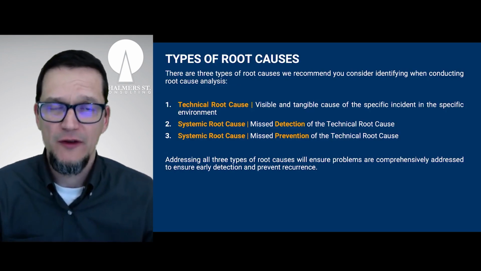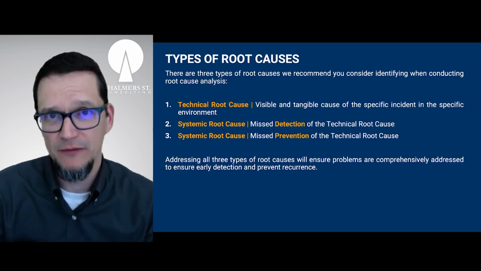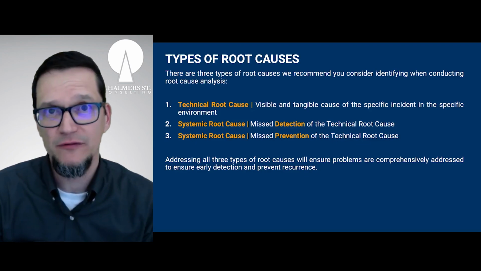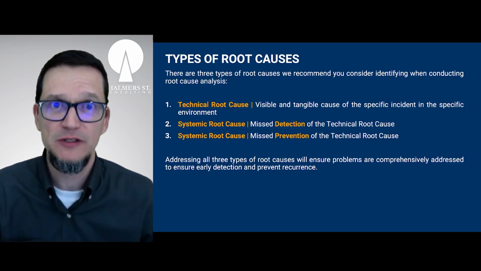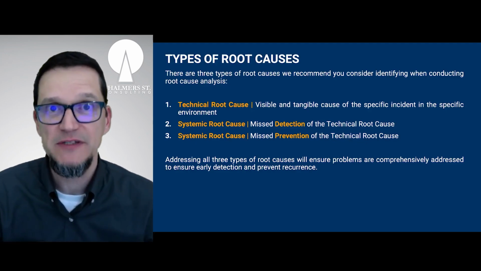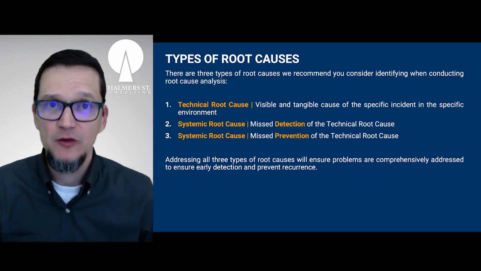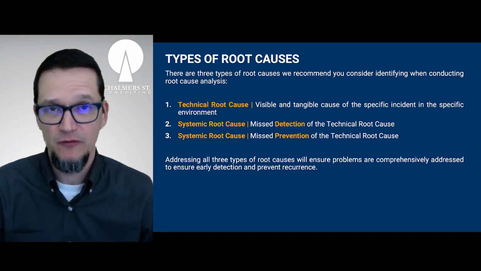A couple of other thoughts around root causes. We can differentiate between a couple of various types of root causes. One is the technical root cause, and that's really the visible and tangible cause of the specific incident that happened in this specific environment. The other two ways we can think about root causes is to look for detection and prevention.